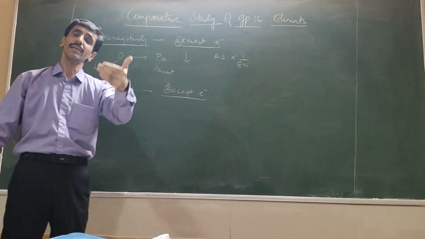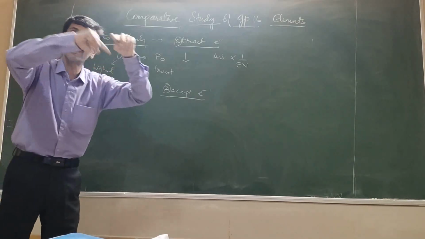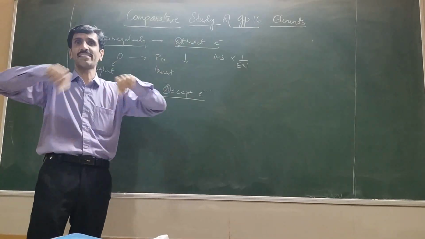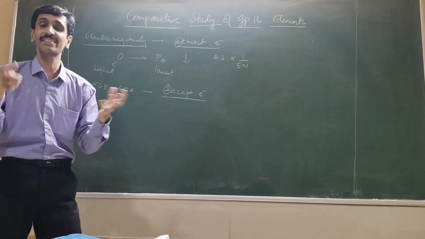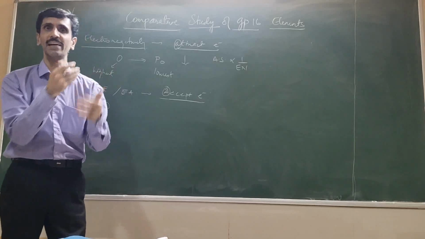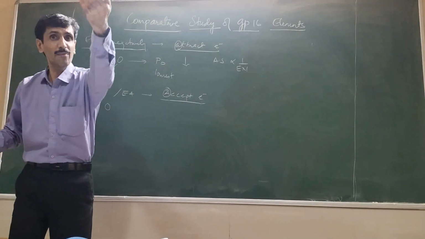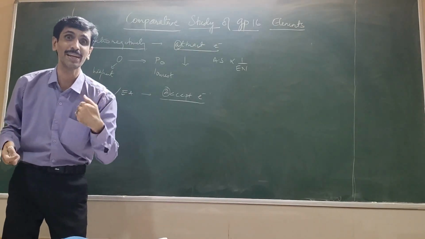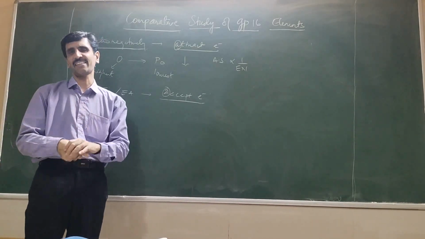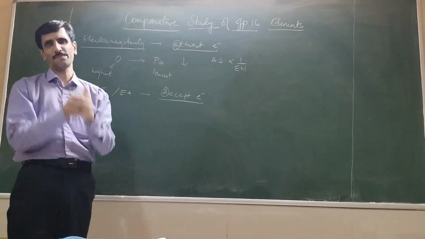When it comes to the electron being accepted by oxygen, the electrons which are already present around the oxygen are very close to each other because the size is less, and therefore there is electron-electron repulsion. There is negativity, and the electron which is coming in, called the incoming electron, also has a negative charge. So because of that, the force of repulsion is more.